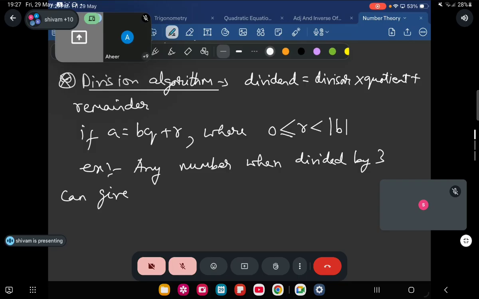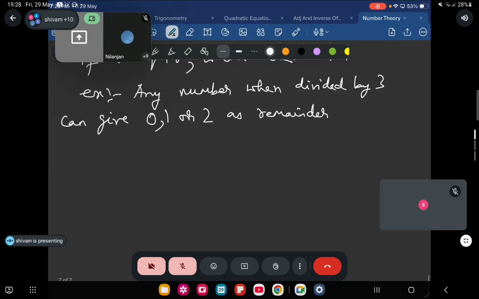When you divide any number by 3, what are the possible remainders? 0, 1 or 2 as the remainders, right?